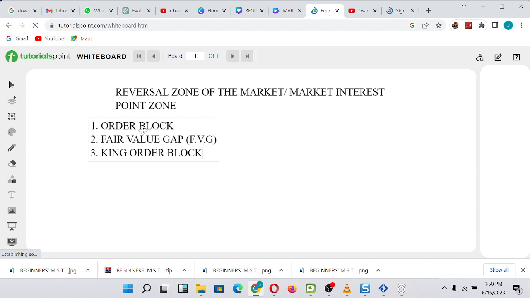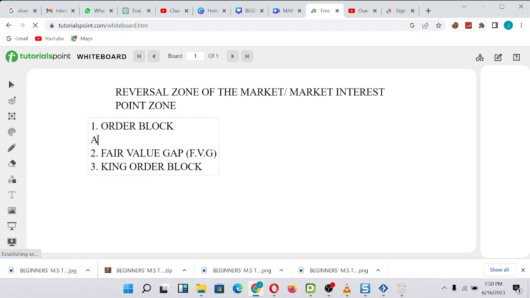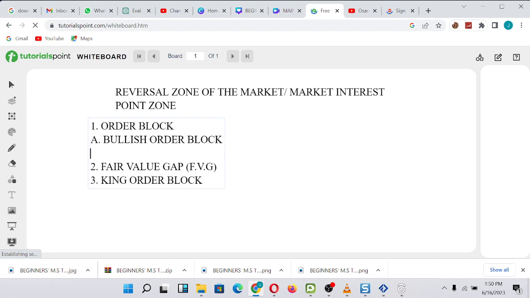Now in our order blocks, we have our bullish order block and bearish order block.